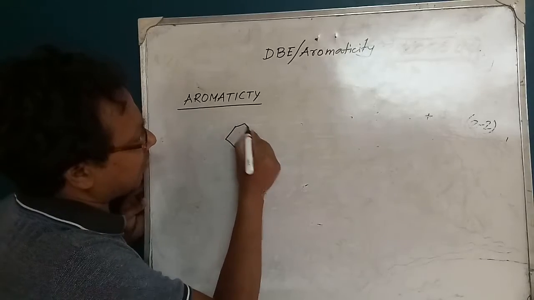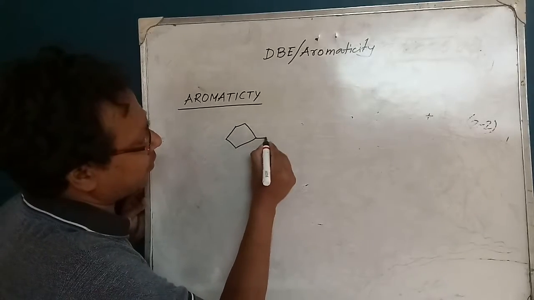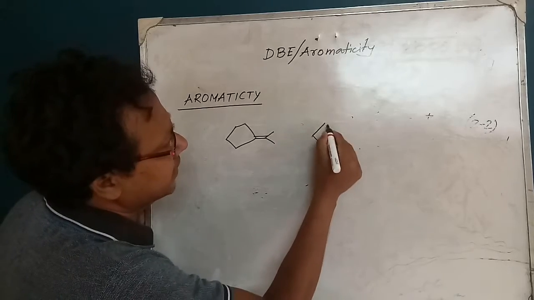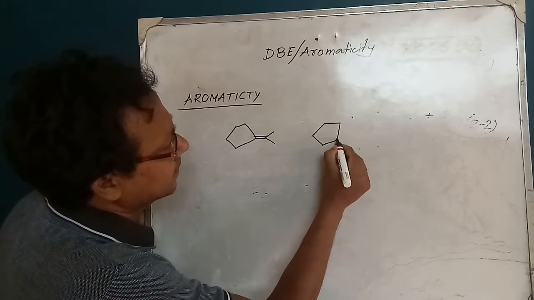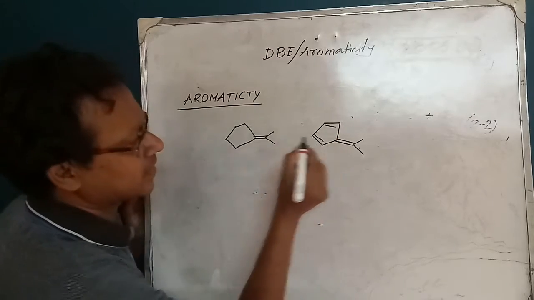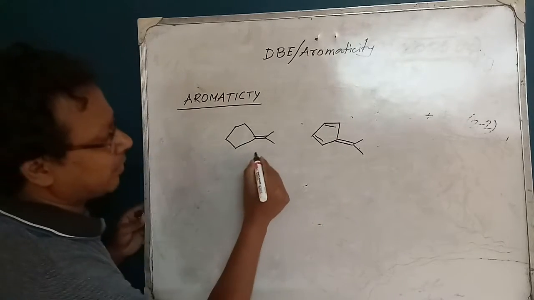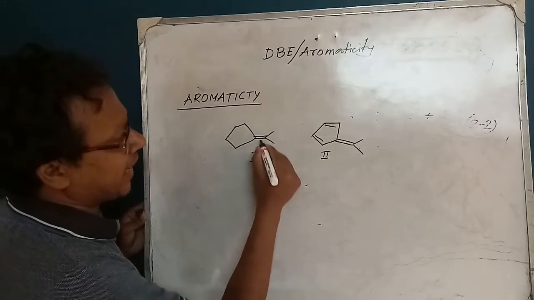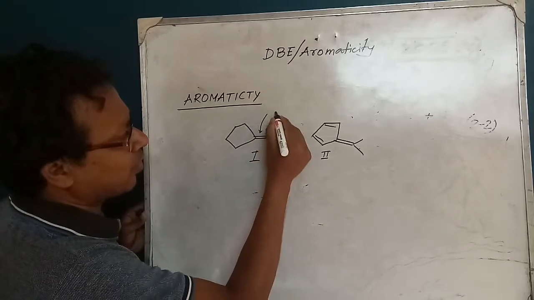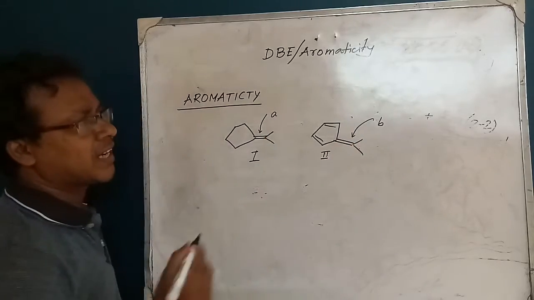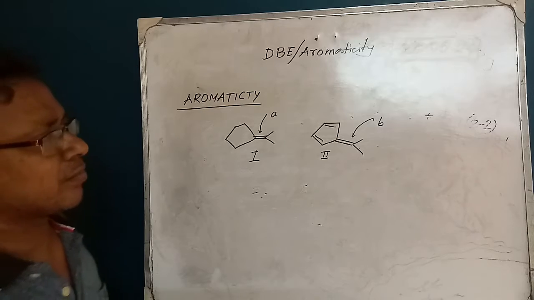Suppose I am giving an example of this type of compound, and the other example is this. Now my question is, which one has the greater bond length, A or B? Whether A has a higher bond length or B has a higher bond length.